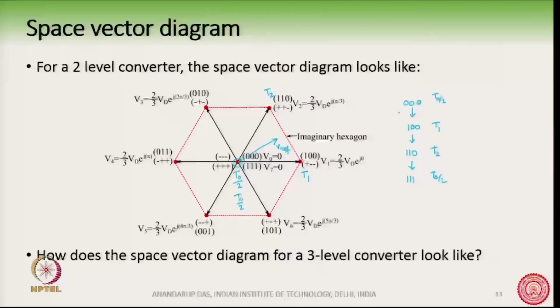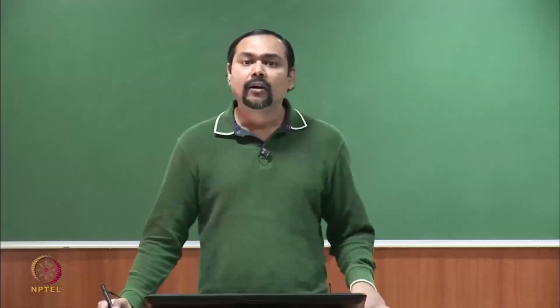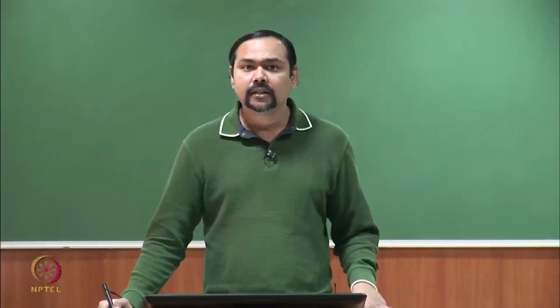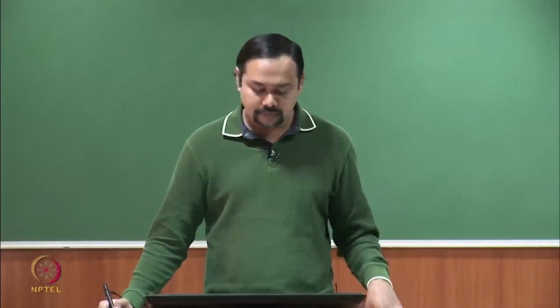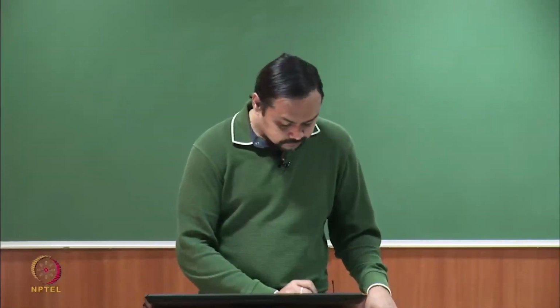So in this 2 level space vector diagram, the starting vector and the ending vector in a switching cycle, this is the switching cycle Ts, are 0 vectors, they had 0 magnitude.